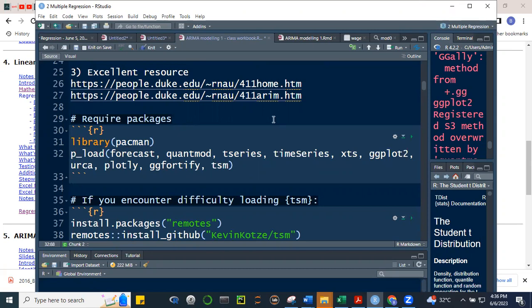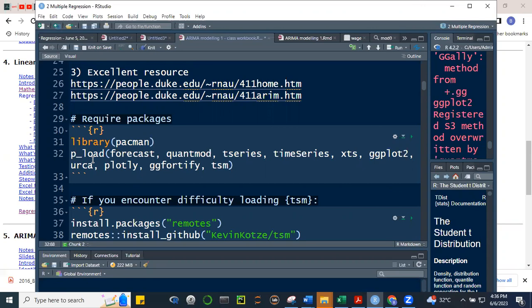Time series, tseries. xts, that's an extensible time series. ggplot2 is for data visualization, plotting. urca will be used later on when we migrate from ARIMA to GARCH process. Because usually, class, when we model stock prices and stock returns, they're very volatile.